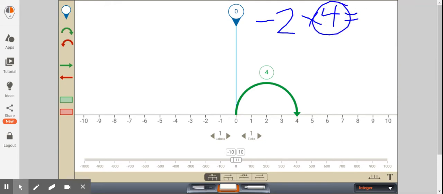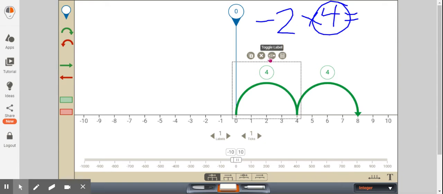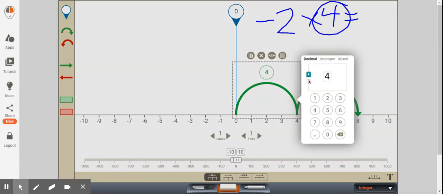Is everyone with me on that? Inside the groups, we're starting with 4 positives. And we got 2 groups of them. But wait a minute. This says negative 2 groups of those 4 positives. What's the negative of a positive? Or what's the opposite of a positive?